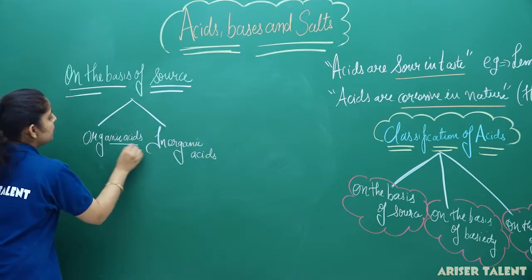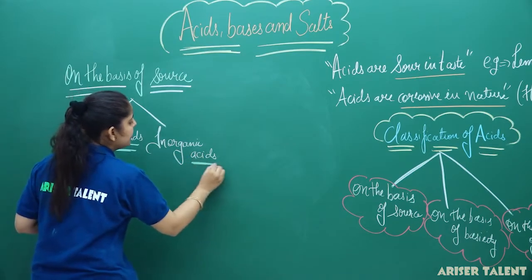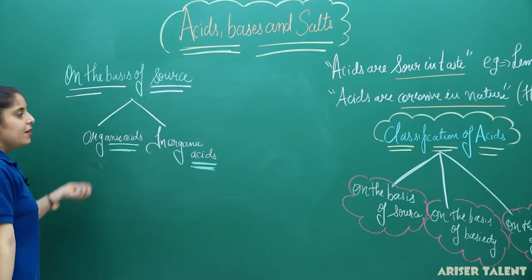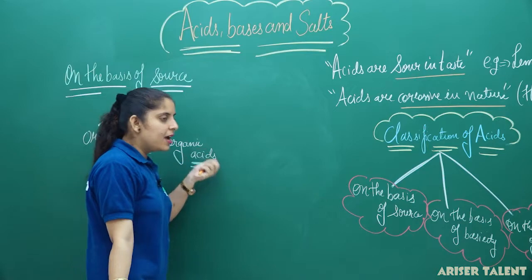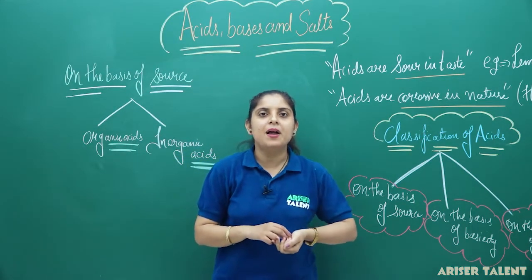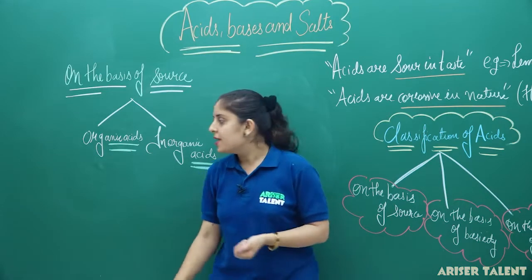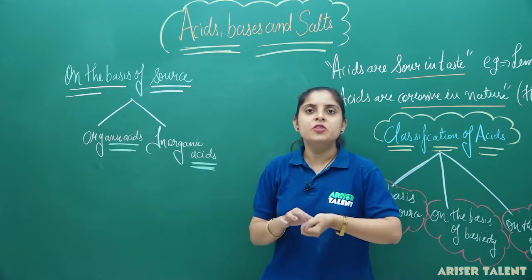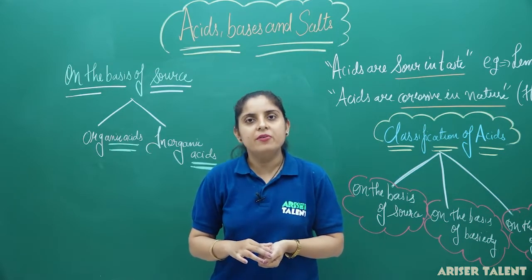Clear? So this is our first category, organic, and this is our second category, inorganic. So organic acids are those which can be obtained from the organic sources, whether it may be plants, animals or some other sources. And inorganic are the ones which you are going to obtain from the minerals.